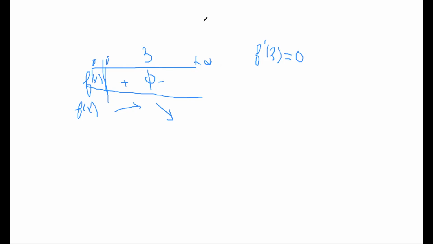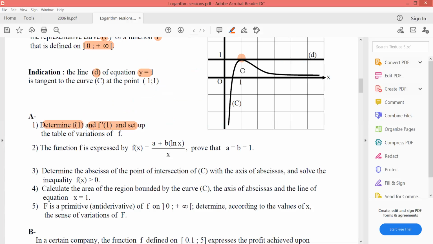If we go back to the graph, at x equals 1, the function admits a maximum. What will be the value of the derivative? 0. So f prime of 1 equals 0. How to set up the table of variations?